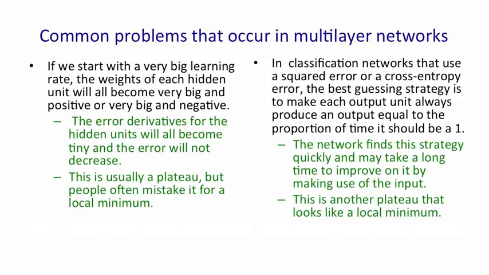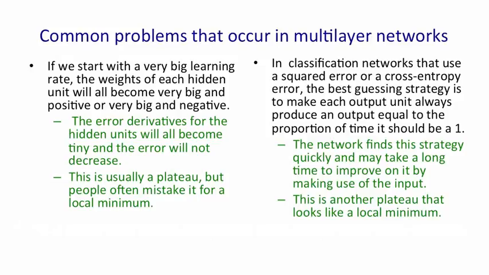A second problem that occurs is if you're classifying things and you're using either a squared error or a cross-entropy error, the best guessing strategy is normally to make the output unit equal to the proportion of the time that it should be 1. The network will fairly quickly find that strategy, and so the error will fall quickly.